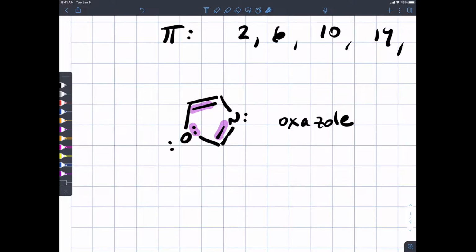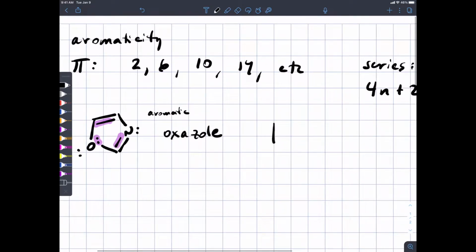So we would say, yes, this is indeed aromatic. In contrast, if you were to draw something like this with 2 oxygens, this gets kind of messy. How many pi electrons do we have? 2, 4, 6, 8. So this would be anti-aromatic, right?